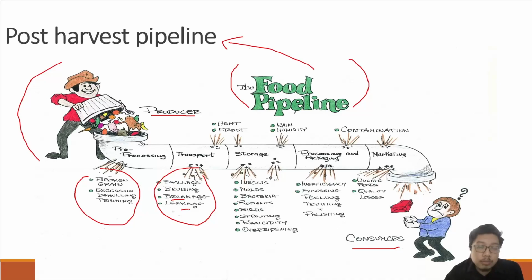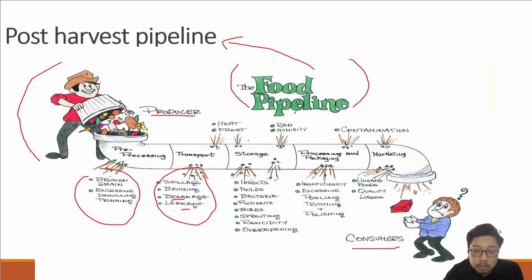If there is no proper post-harvest protection, things might get worse, right? A lot of the produce inside that truck might be damaged. So proper storage and proper protection are needed.